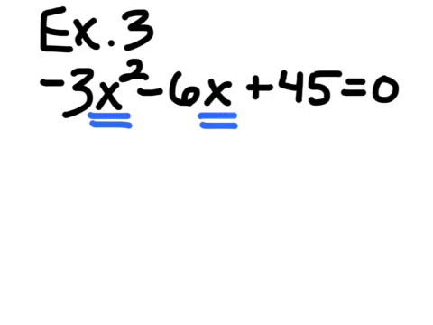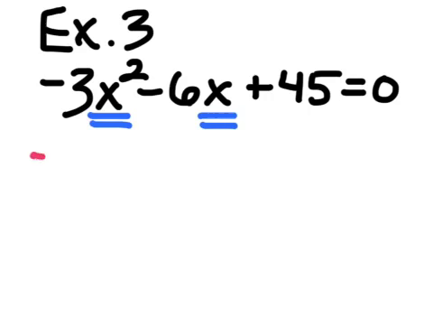But another strategy that we already know that we can try and use when we have a quadratic equation that's written in this way is to use factoring. So let's see if we can factor this quadratic equation. The first thing I notice here is that all of our terms are divisible by -3.